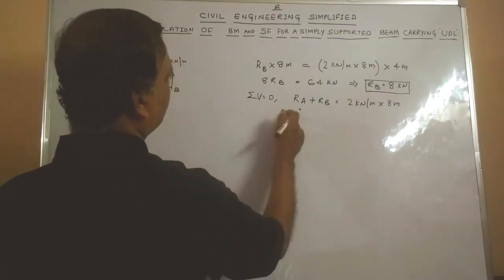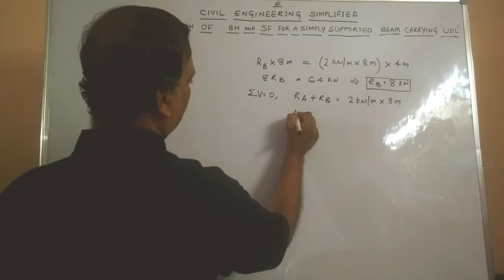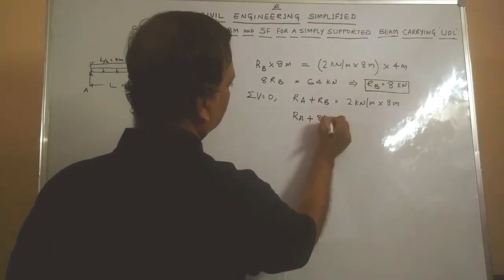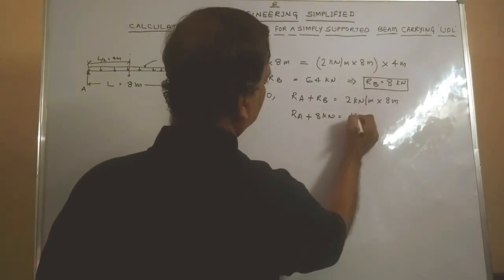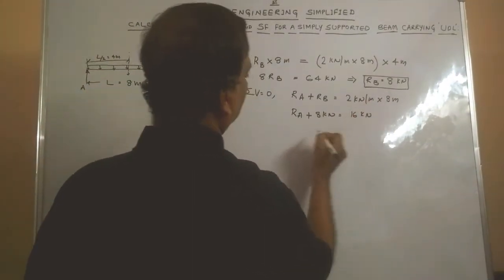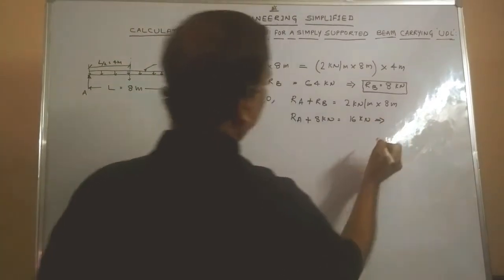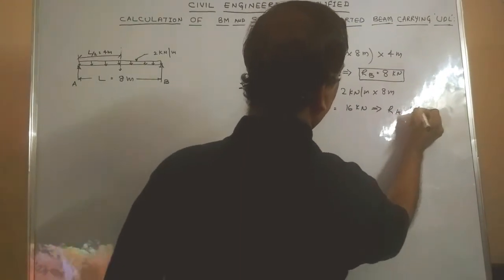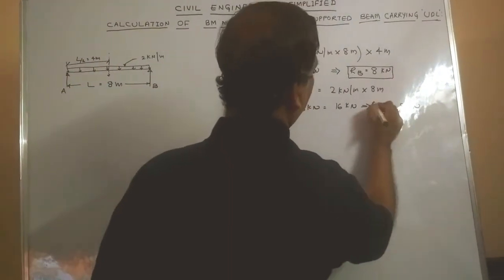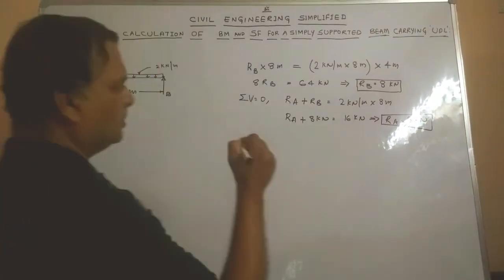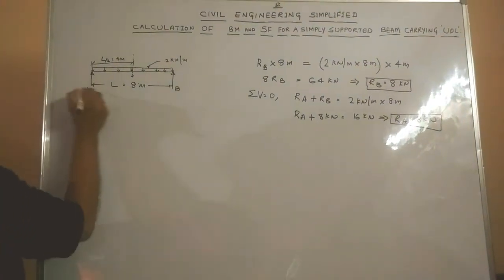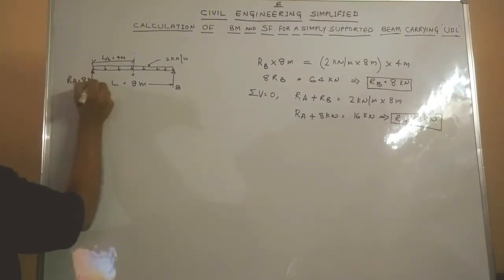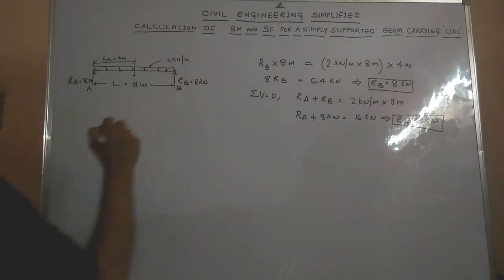We have already calculated RB, so RA plus 8 kilonewton must be equal to 16 kilonewton, which simplifies to RA equal to 8 kilonewton. So now the first step is over. Hence we write these values: RA is equal to 8 kilonewton and RB is equal to 8 kilonewton.